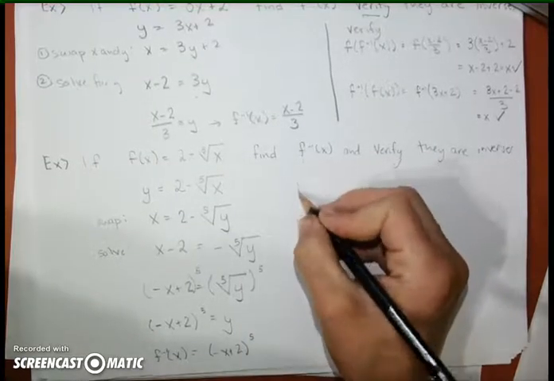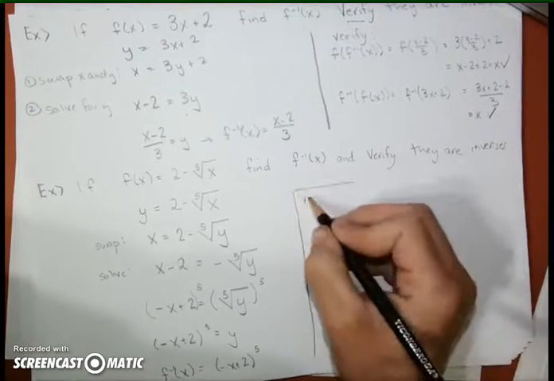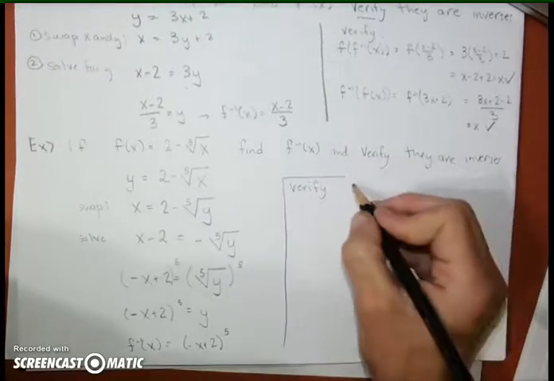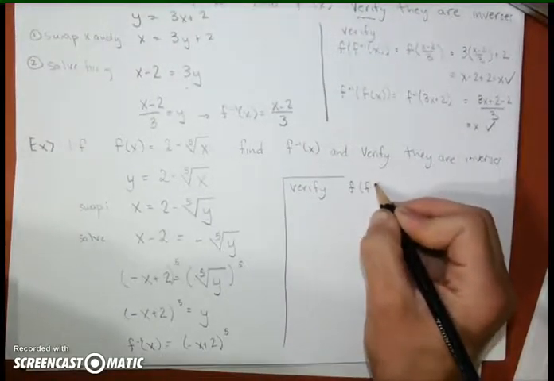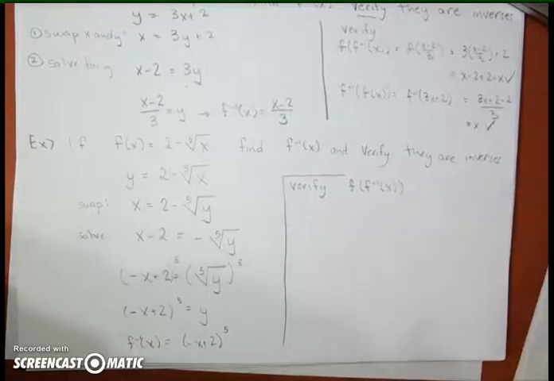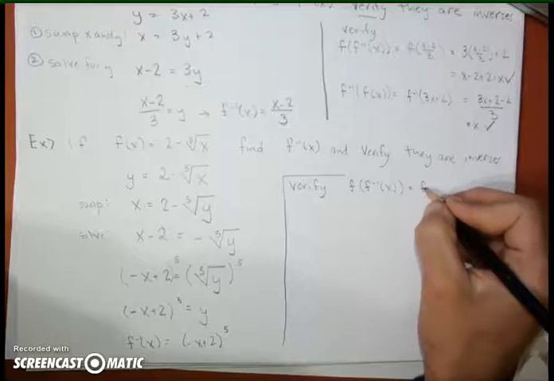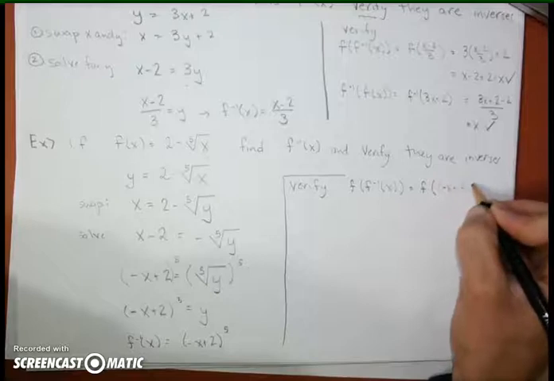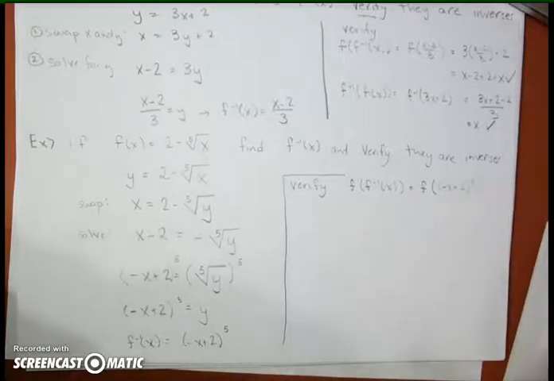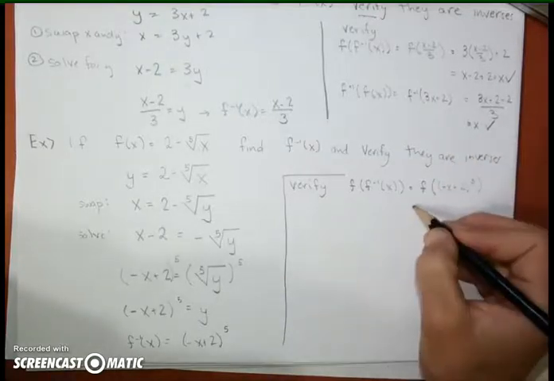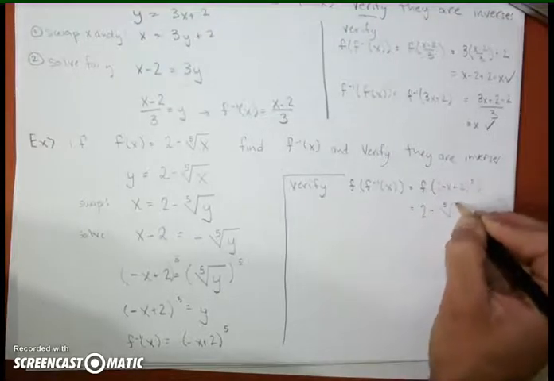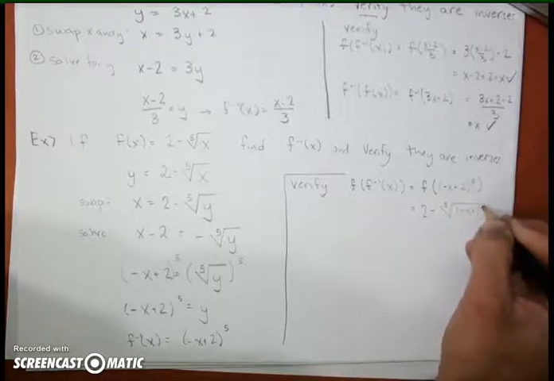And now I need to verify that they're inverses. And I do that by composing them. So let's first do f of f inverse of x, and we should get x. So we're going to be doing f of negative x plus 2 to the 5th, and that's going to be 2 minus the 5th root of negative x plus 2 to the 5th.